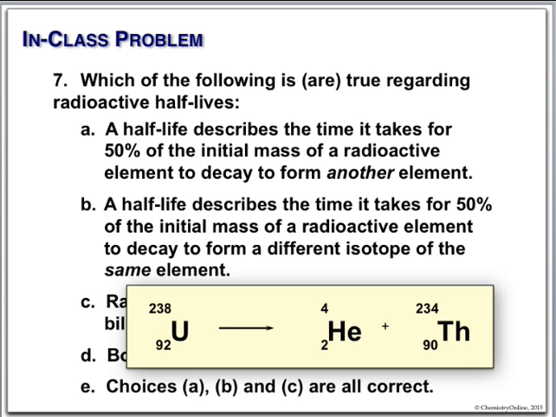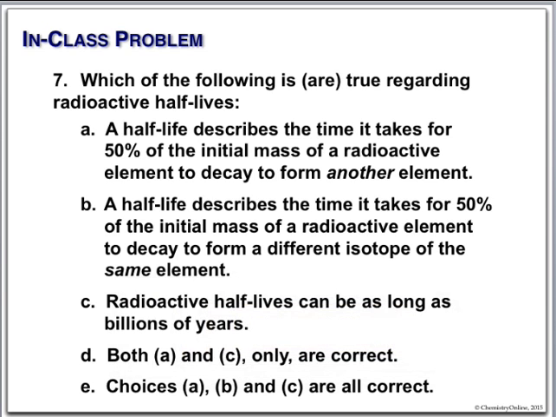Anytime you have a decay with an alpha particle or a beta particle, the number of protons is going to change. If the number of protons changes, you must form a new element. All right, so that means that we're not forming a different isotope here. We are forming a new element. C is also correct. Therefore, A and C are correct. Any questions?